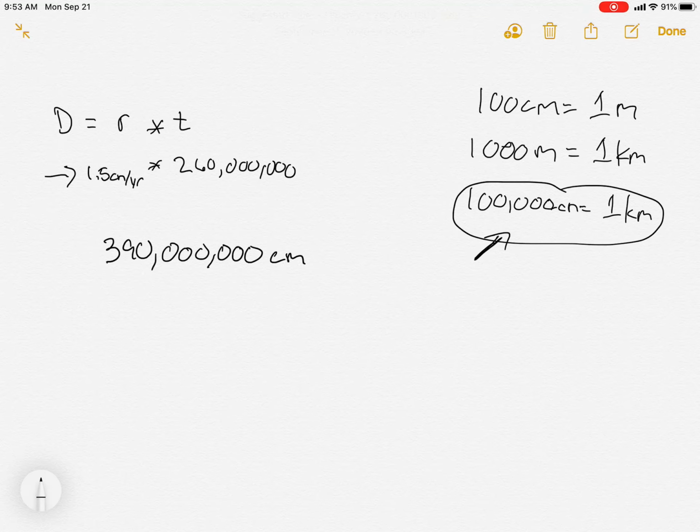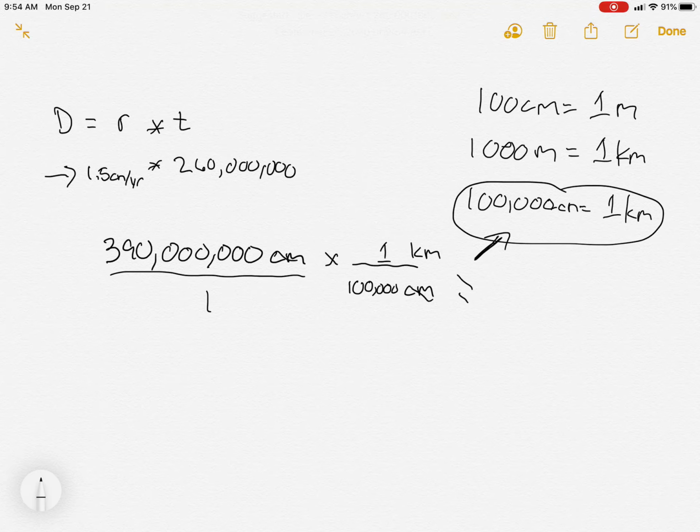Well, that's nice, but I don't know how big that is, so I want it in kilometers. So remember, there is a relationship here. We convert. We're going to multiply by a fraction here. We can always imagine that any whole number is written as a fraction like that with a 1 at the bottom. So what I want is get rid of centimeters, because they'll cross out like this, and put kilometers here. So by placing them in the right spots, now I see that I'm going to actually divide. I'm going to take 390 million, multiply it by 1.